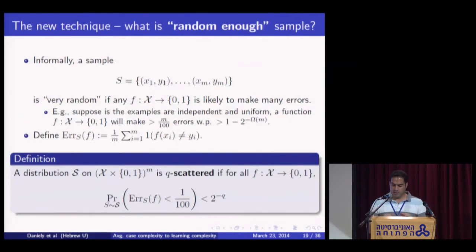We say that it is Q-scattered if the following experiment succeeds only with probability less than 2 to the minus q. We fix any function f you want, then we draw at random a sample, we look at the error of f on this sample, and if it is less than 1%, the experiment succeeds. Okay, so that's the definition.